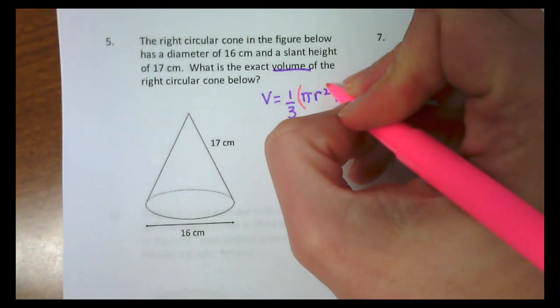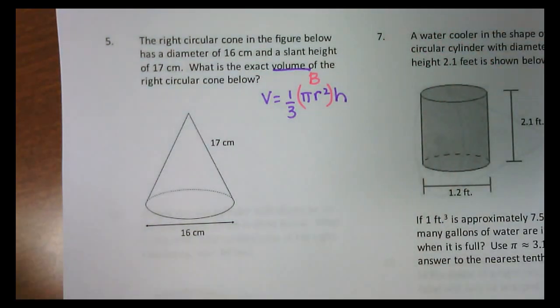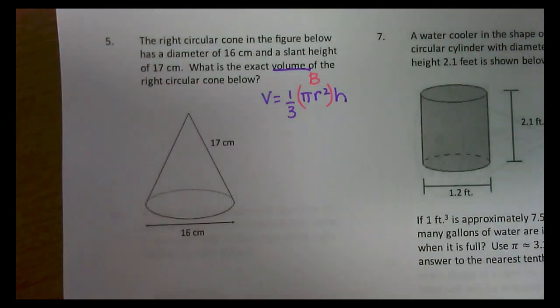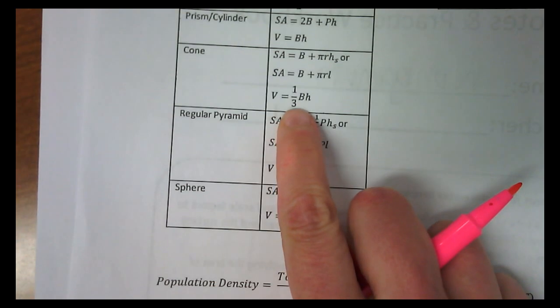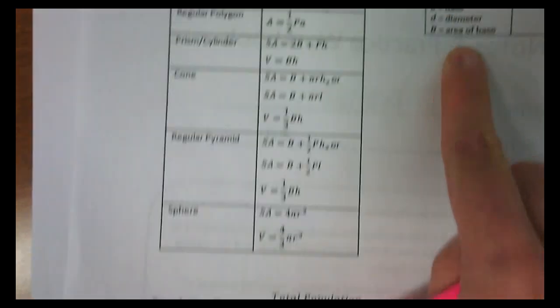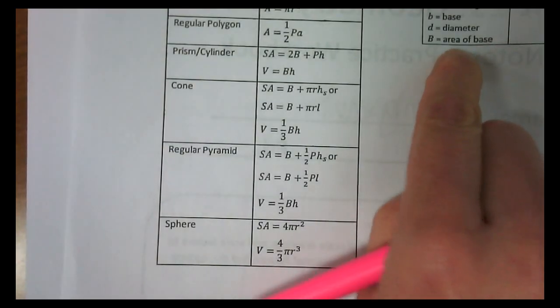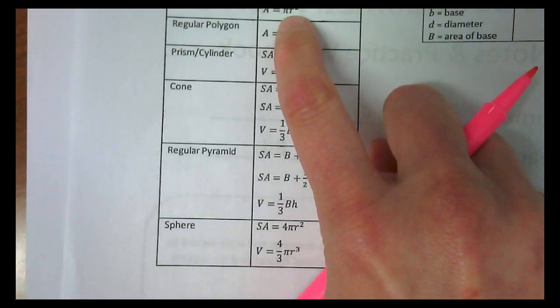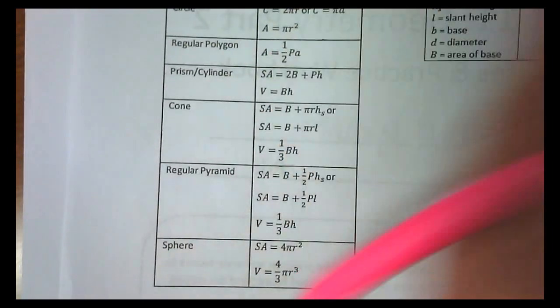This part in here is our big B, because on our formula sheet, it says volume is 1/3 big B times H. Big B stands for area of the base, and our base is a circle. So the area of a circle is pi r squared.